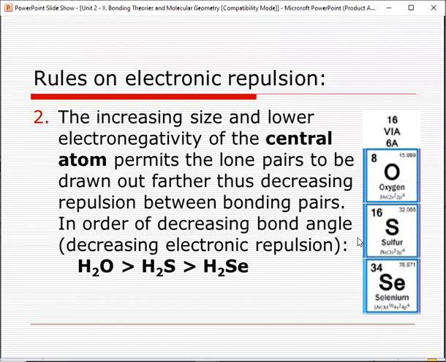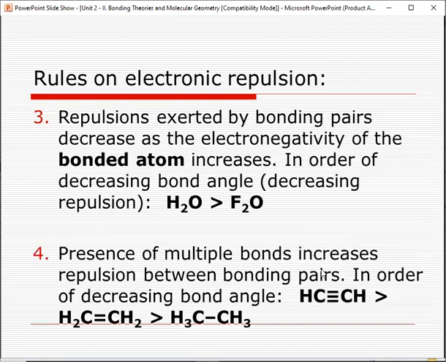As the size of the atom increases, the trend in atomic size from top to bottom increases, but the electronegativity decreases. So oxygen or H2O has a greater electronic repulsion than sulfur and selenium. Selenium has the least electronic repulsion.